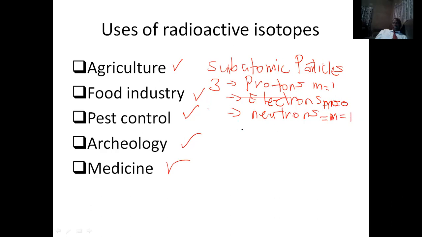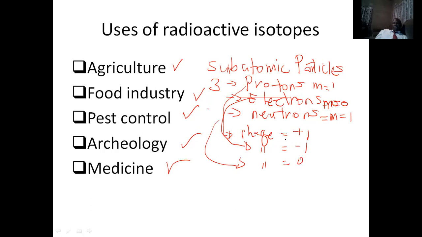Then the protons have a charge of +1, while the electrons have a charge of -1. And the neutrons have a 0 charge.